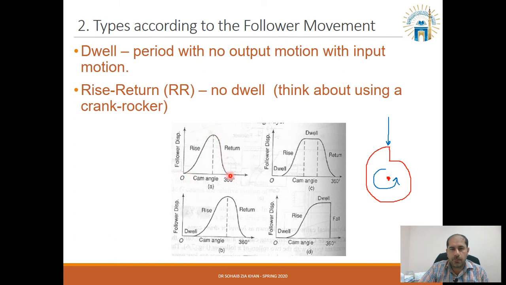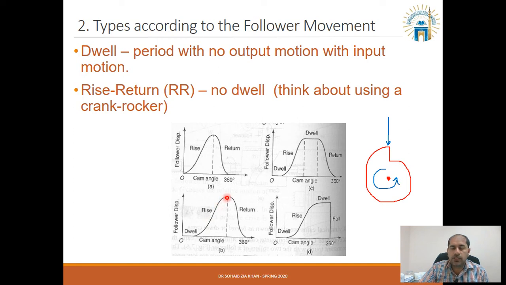If you look at B, you can see that there is a dwell, which means the cam is still moving because the angle is increasing, but the follower is not moving at all. There is no displacement of the follower in the y direction. At some angle it starts to move upward, or you can say the diameter of the cam is increased.